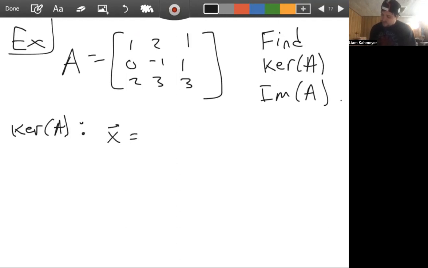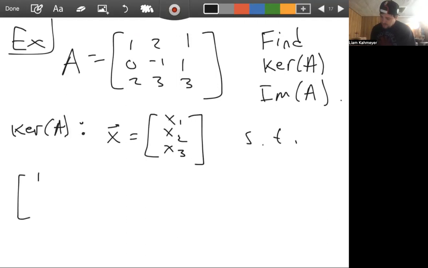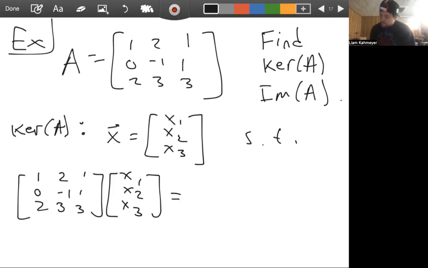If we let x be (x1, x2, x3), this is a 3 by 3, so we know both n and m are 3. We're looking for these vectors x such that Ax, the matrix A times (x1, x2, x3), is mapped precisely to 0, right? We want to find those vectors x such that this is true.